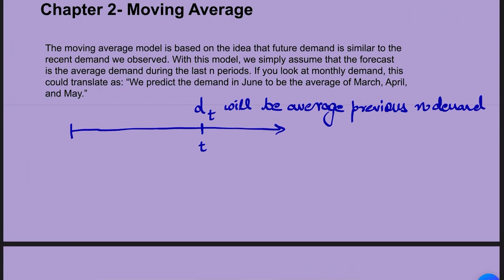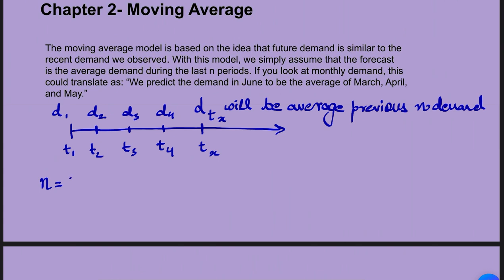Suppose we have time points t1, t2, t3 and t4, and the demands at these are d1, d2, d3 and d4. The value of n denotes how many values we have to take the average of.